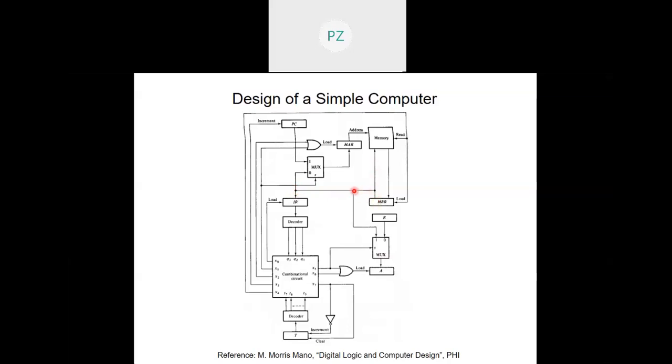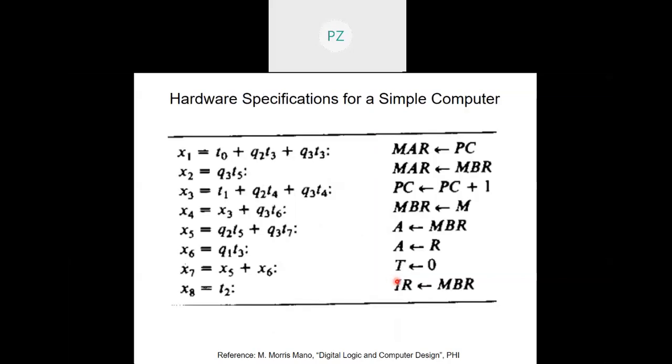You see, it takes data from MBR and brings it into A, supplying the load signal and setting this multiplexer up in such a way that the contents of MBR are directed. So MBR gets loaded into A. MBR is loaded into A, right, by this control signal. That is what was to happen.